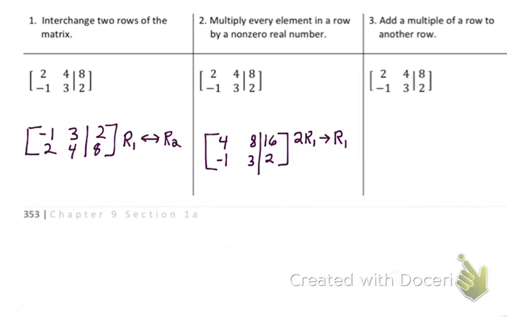I just want to put on here that this arrow just means replace. A lot of times, this gets dropped off. It starts getting chopped off because it gets kind of repetitive to write this all the time. If you say 2 times R1 and you put it right here, I know what you did. Let's just practice using it for right now. And when we get to more complex ones, where we're doing more steps, you can start chopping it off. Just not right now.